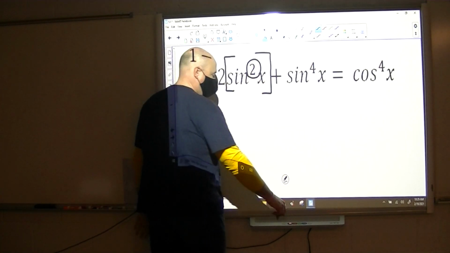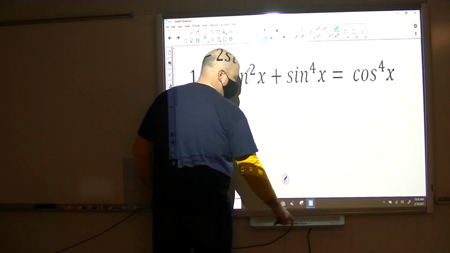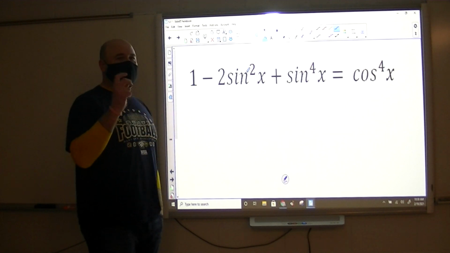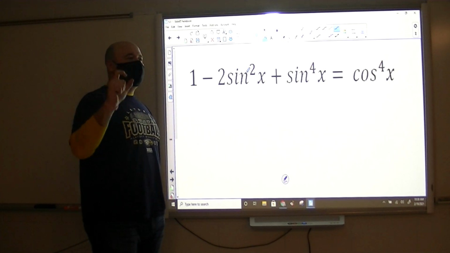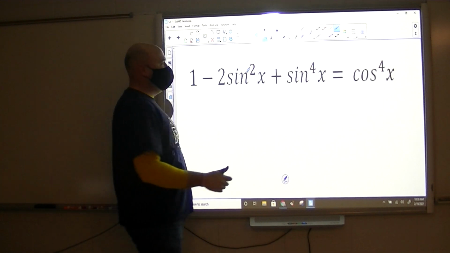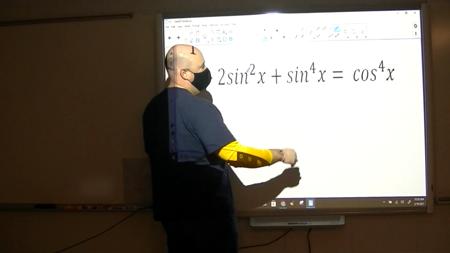However, and this is where the new stuff comes in, here's a couple of things that I've said before and I'm going to keep bringing up. We have to be able to see the trigonometric package as a variable, meaning this is sine to the fourth of x.